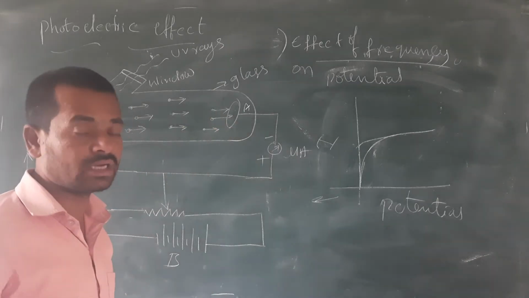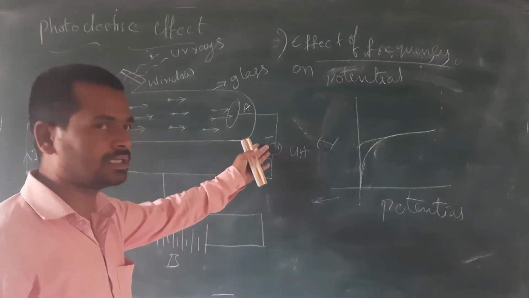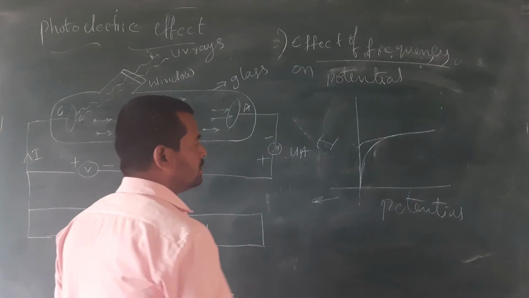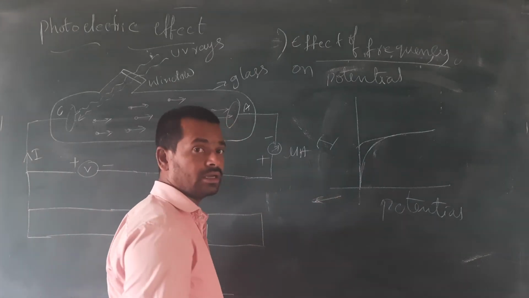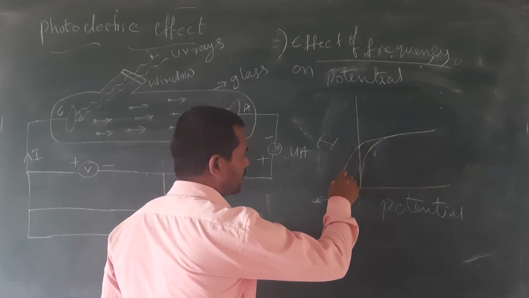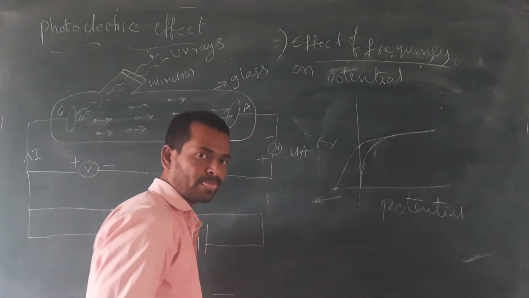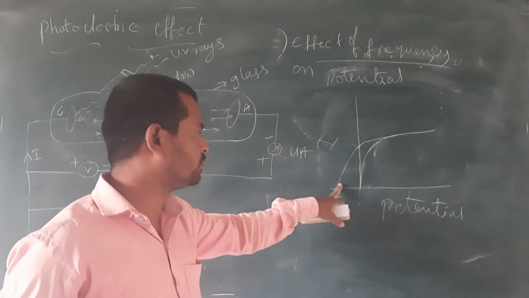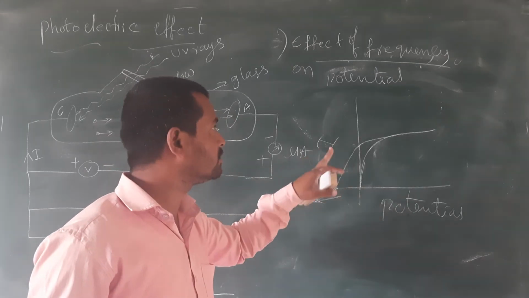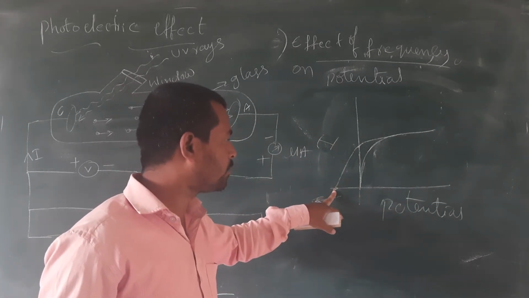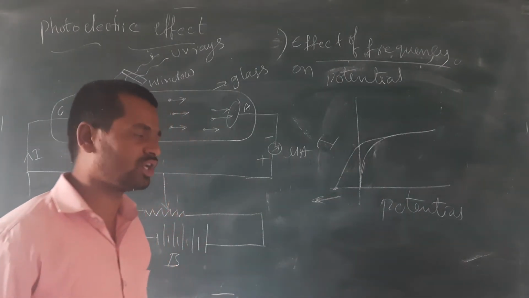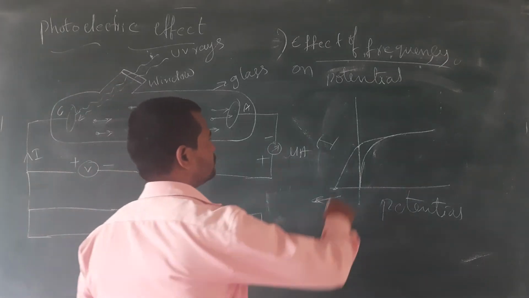Negative cannot attract; they repel each other. So the current starts to fall and slowly decreases, and it becomes zero at a particular negative potential. This negative potential is called the stopping potential or cutoff potential.